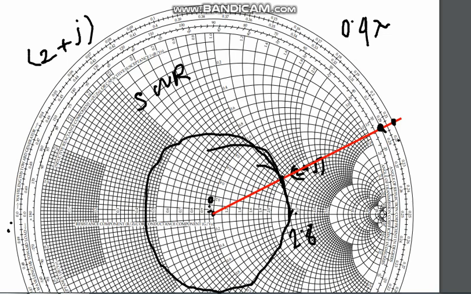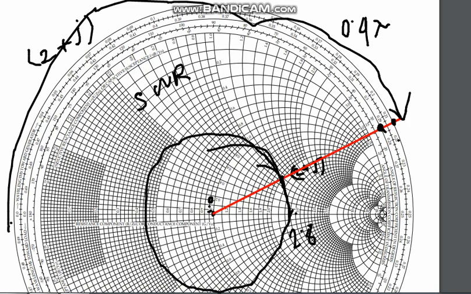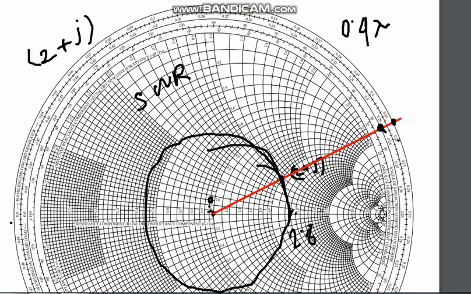If you want to find this value from the total circle, it will come. So how do you find the maxima and the minima? If you want to find the maxima, the theory is that you go to 0.5, 0.25, that is the maxima point, and that is the minima point shift.